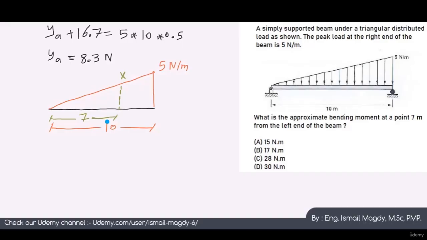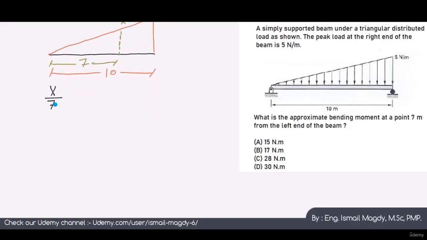So now we have at 10 meter, the load is 5 Newton per meter, and at 7 meter we want to calculate the x. So it could be stated as x over 7 equals 5 over 10. Solving this, x will equal 3.5 Newton per meter.